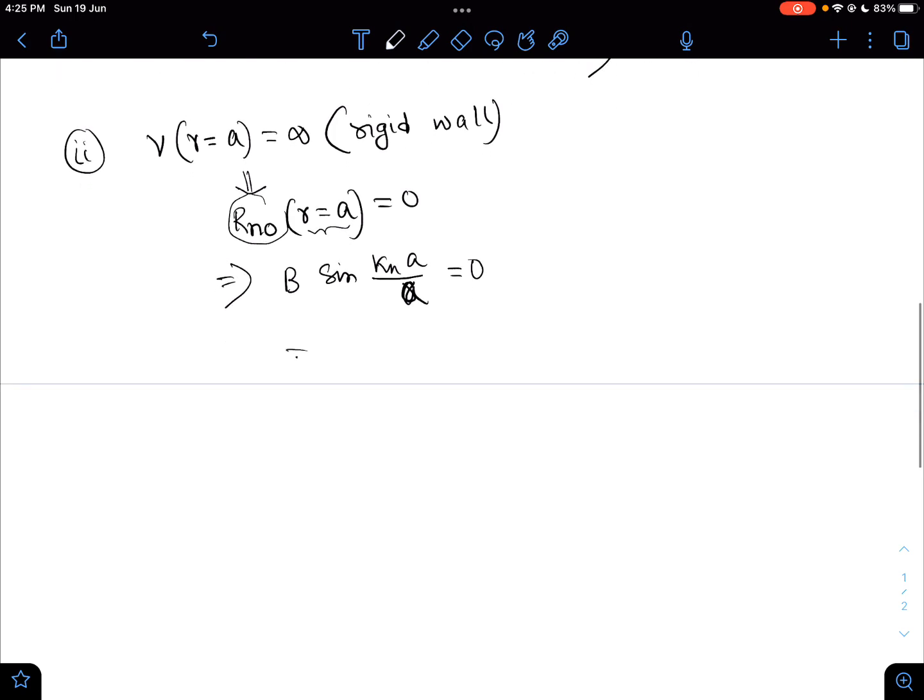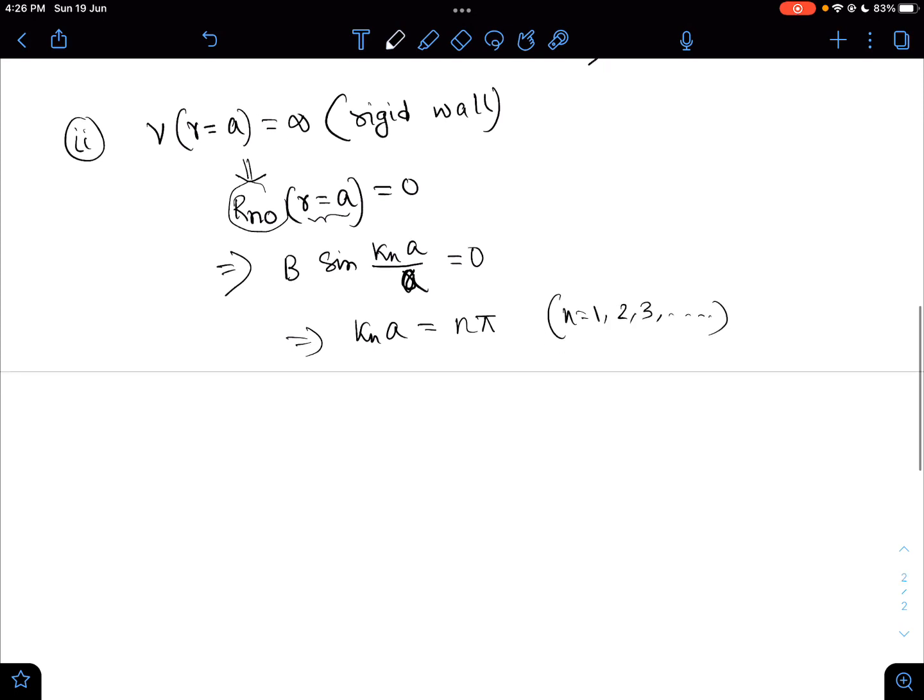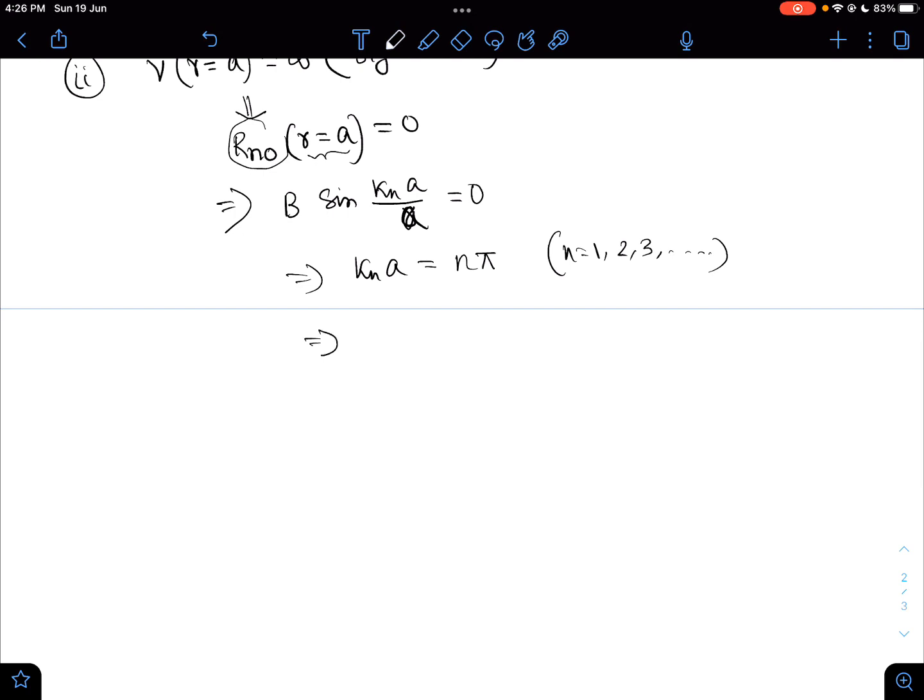That implies that k_n a must be an integer multiple of pi. So it can be n pi, where n is 1, 2, 3 and so on. So what is our k_n? k_n is basically n pi by a.